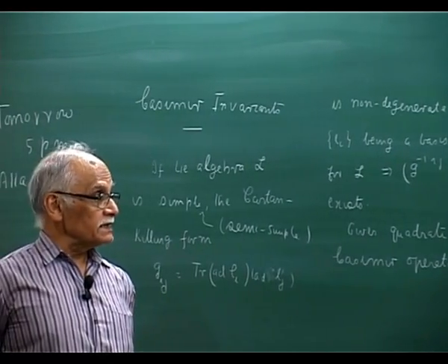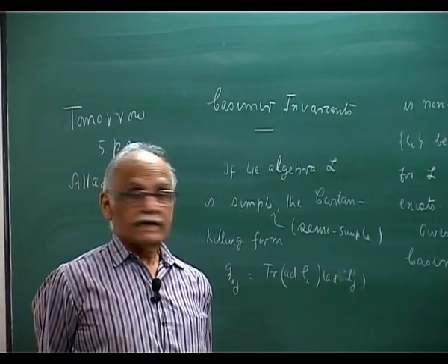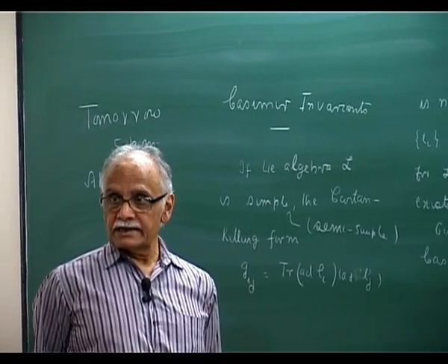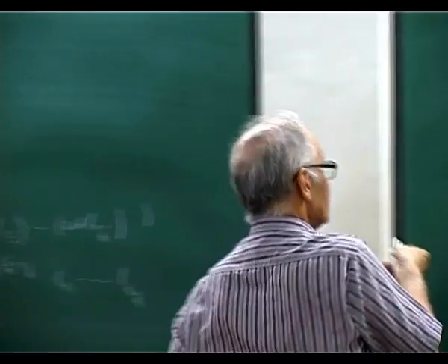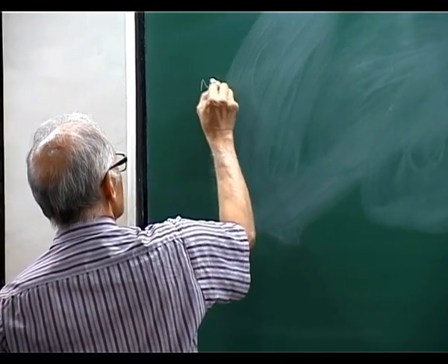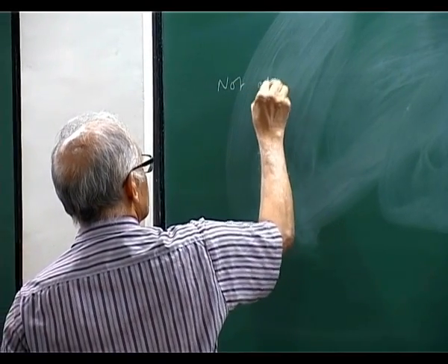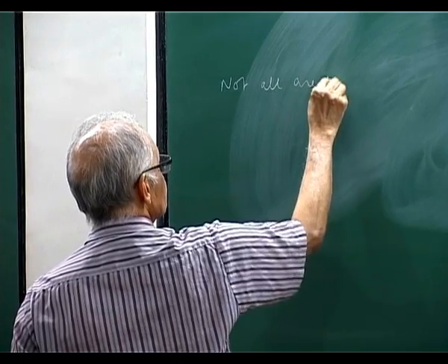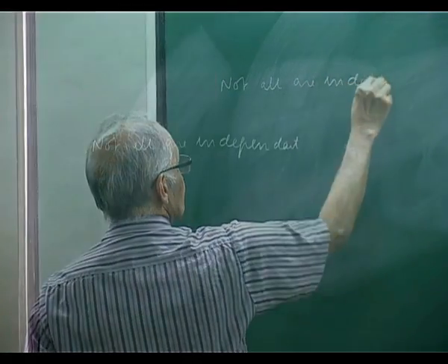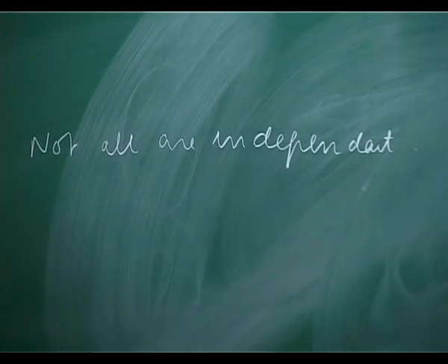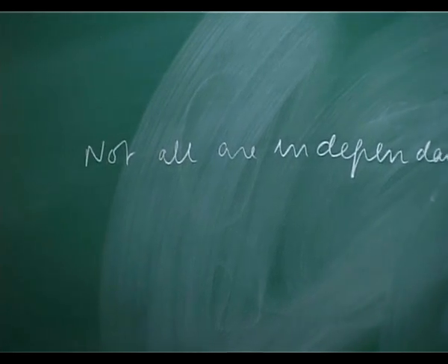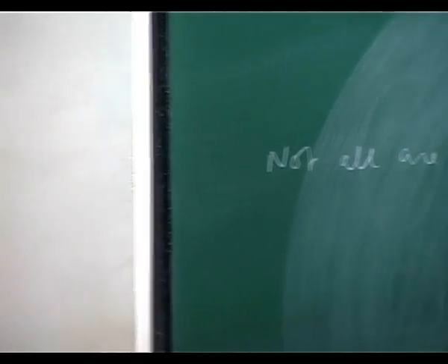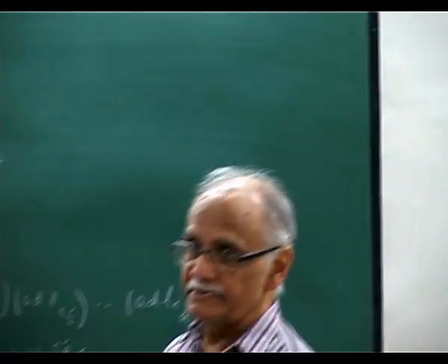So these are the higher Casimirs which you can write down, but not all of them are independent, that is, it will terminate. I will come back to how many independent Casimirs there are. Independent means fixing two of them should not fix all the remaining ones; the third one should not be an algebraic function of the previous ones.